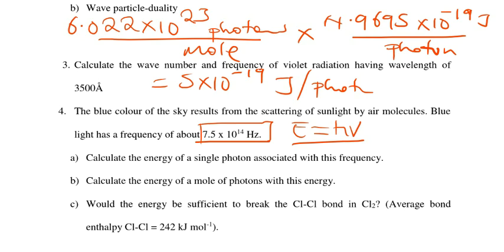That multiplied by 6.022 times 10 to the power 23. So here the value becomes 2.99 times 10 to the power negative 5. That is joules per mole.